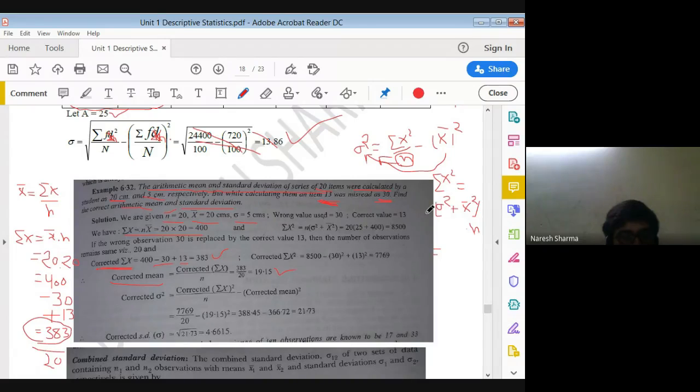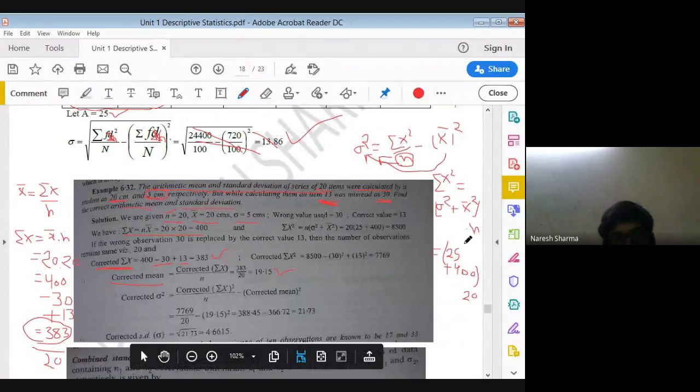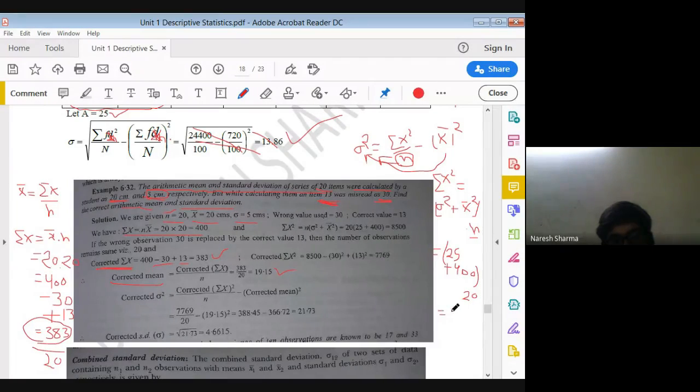Sigma is given in the question, that is 5, so sigma square is 25. So I'm writing here 25 plus 400, that is the square of the mean. This 20 is the mean given in the statement, and the square of that is 400. Now multiply this by 20 also, because this 20 is n. After doing this, you get 8500. So this is the summation x square.